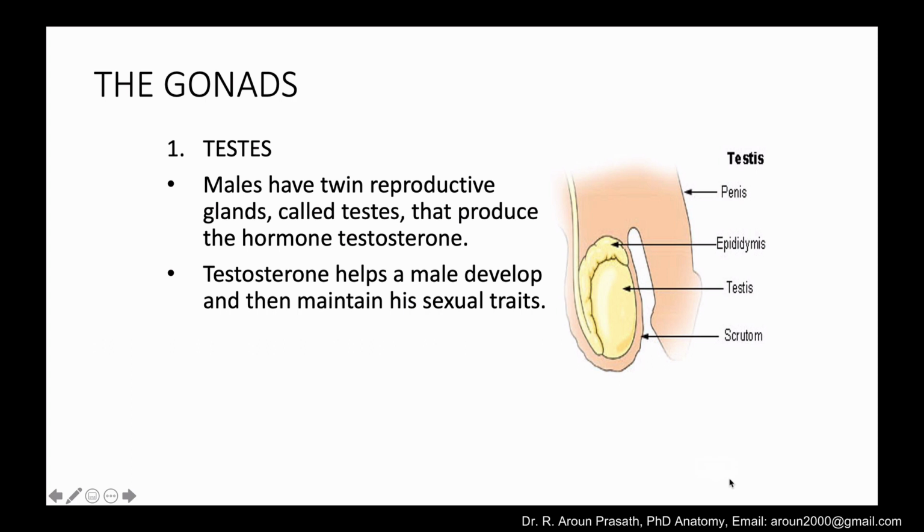The interstitial cells, also called the Leydig cells, produce the testosterone. So this testosterone is a male sex hormone. It helps to develop and maintain the sexual traits in males.